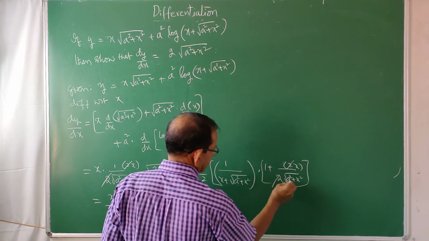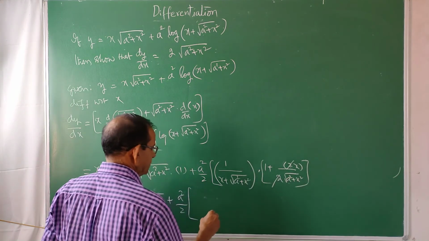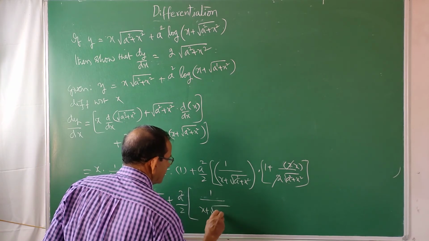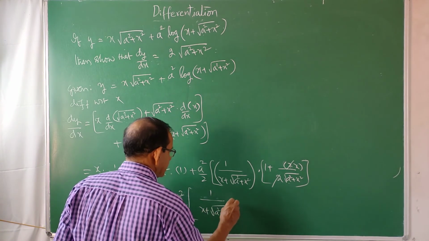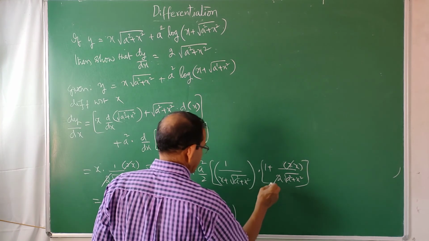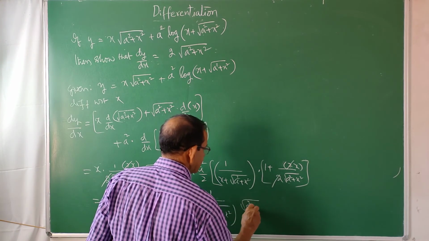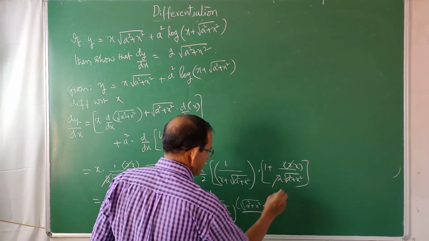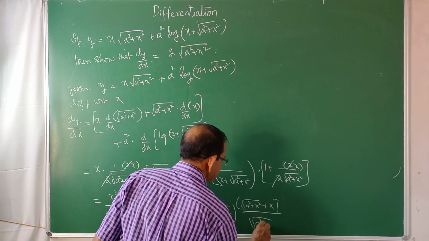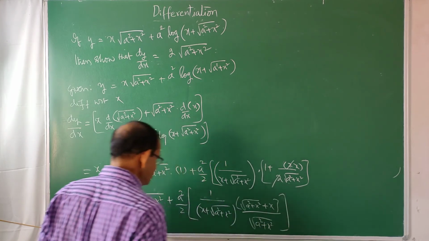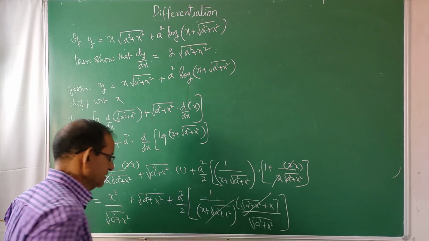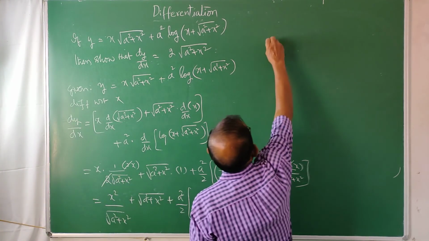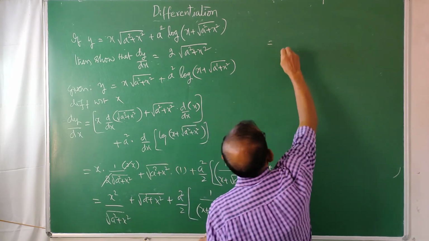You will get root of a square plus x square plus x, that will come in the numerator, over x plus root of a square plus x square, into, here you will get root of a square plus x square plus x by root of a square plus x square. Now these two brackets are cancelled. Now remaining thing is x square by root of a square plus x square.